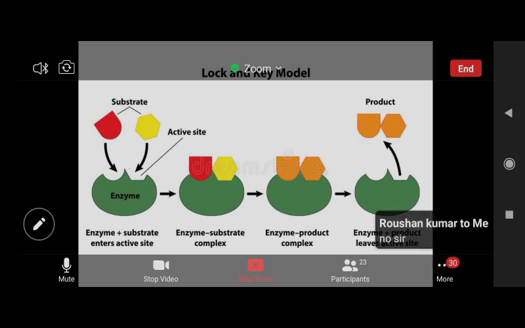Okay, fine, Roshan. Now students, this topic is mechanism of enzyme action. Before going into the mechanism of enzyme action, let me ask you a few questions. Because before this we have discussed this topic once, let me see how much you answer.